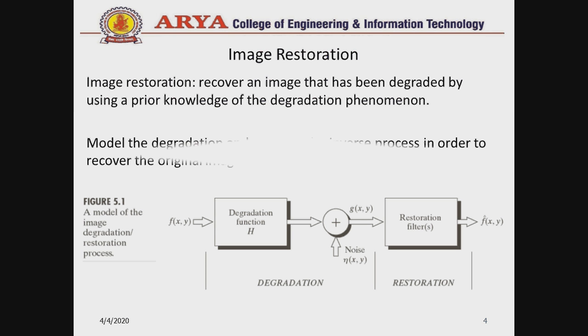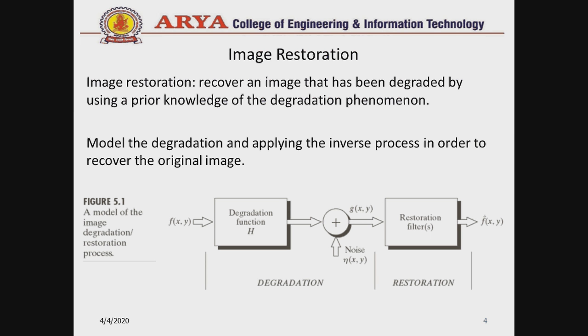Image restoration is to recover an image which has been degraded due to unwanted events occurring in the image space. We recover this image with the help of prior knowledge of the degradation phenomenon, described by the degradation function.